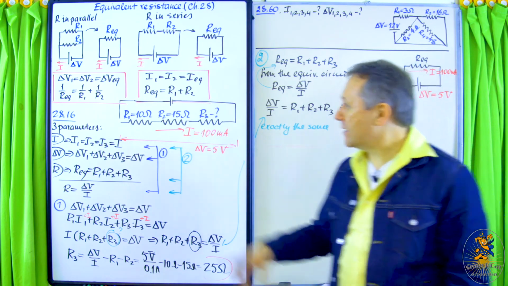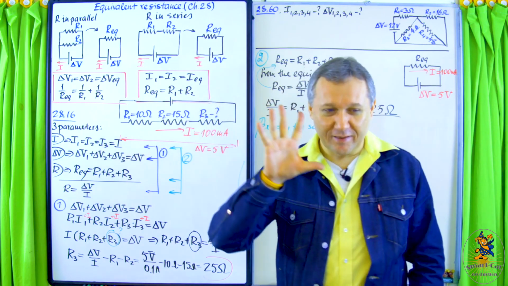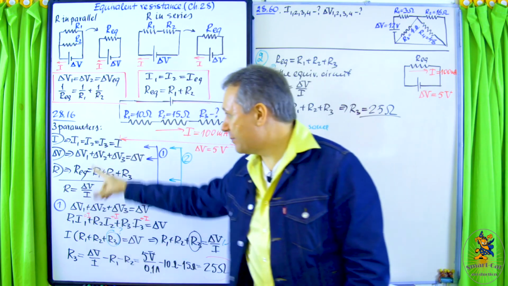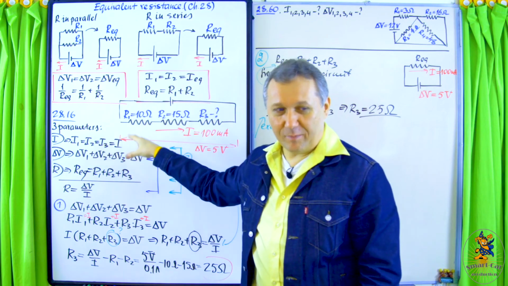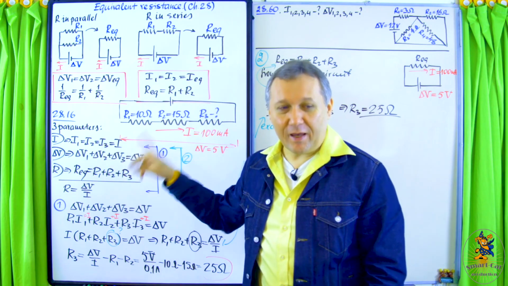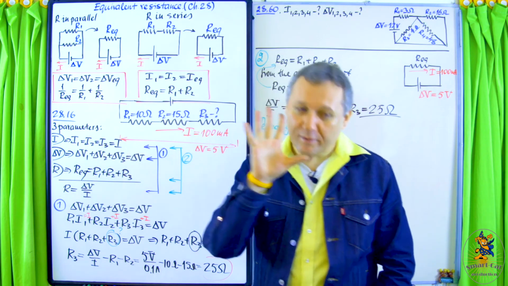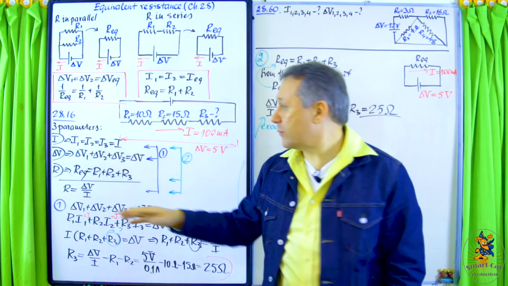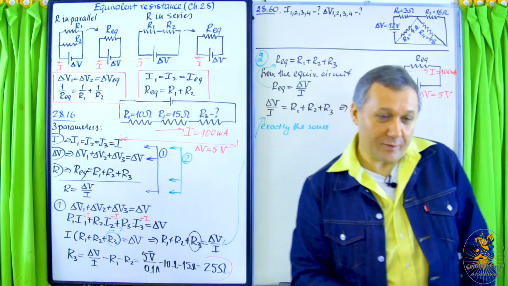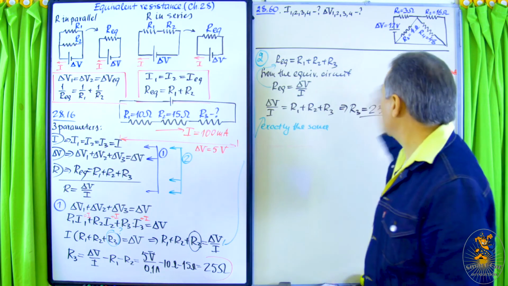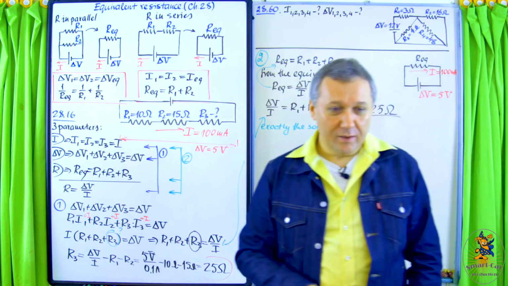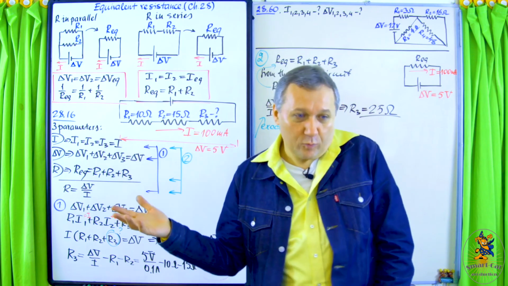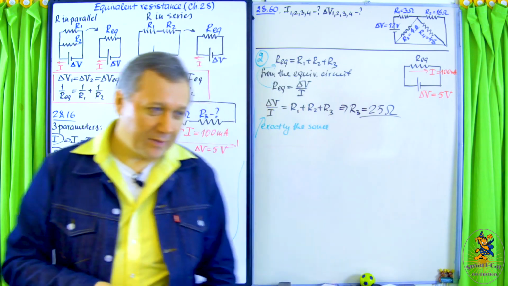But in that case, if resistors are connected in parallel, what will be the same? Not currents, but potential differences. And currents are going to give you an equation. Then, if you want, you can also play with R equivalent, whose value you will be able to find from an equivalent circuit.